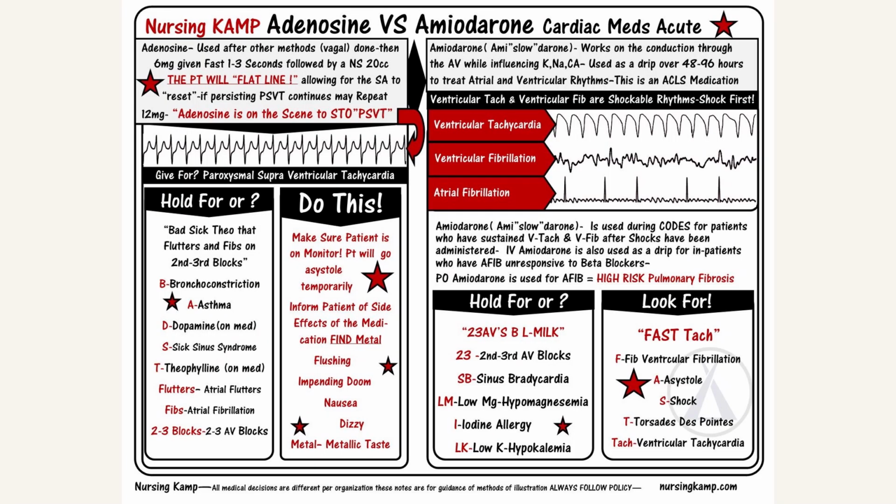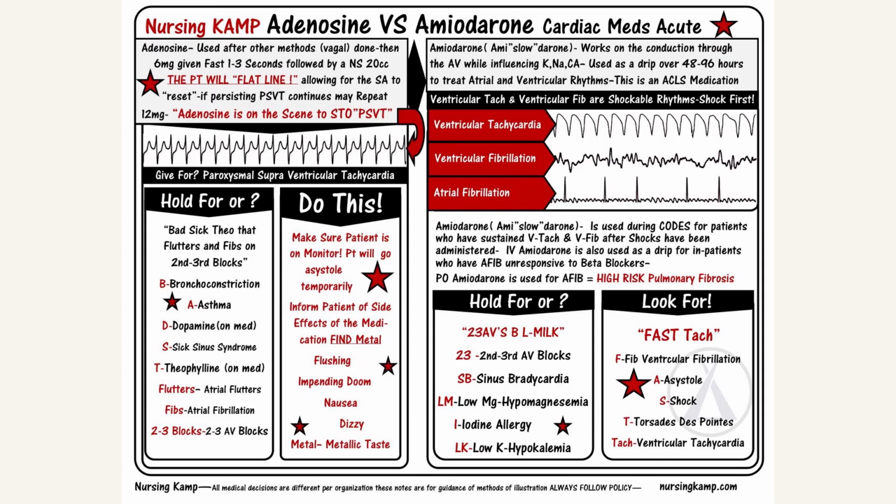And then I found this little thing, and I do think that this is helpful for you to know. It just goes over maybe if these are easily confused for one another, amiodarone and adenosine, of indications for when those might be given. One of the things about adenosine that I think is very important for you to know is they'll give that to treat paroxysmal SVT. When they give that, the patient can flatline.